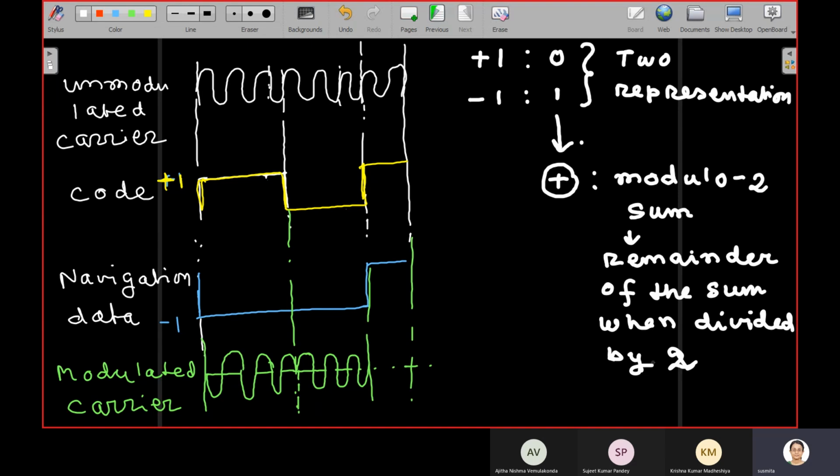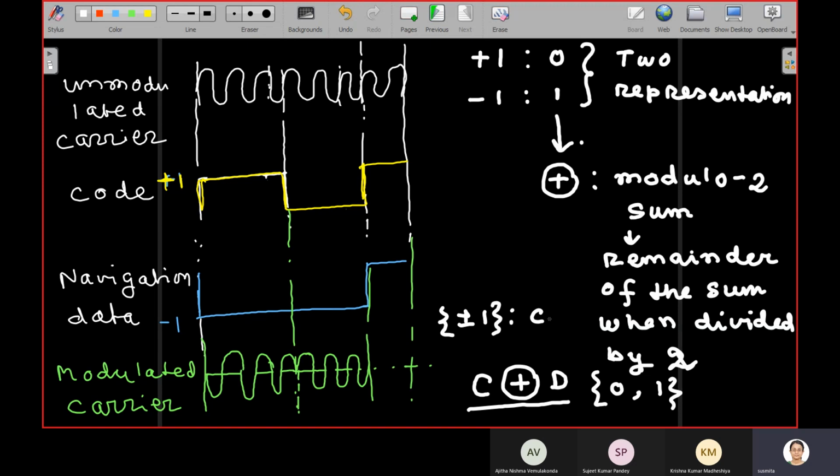Okay. Now let's quickly establish the equivalence between the two. So if we want to do modulo 2 sum of code and data, we will write this. If you are following 0 and 1 representation, then we need to write this. If you are following just plus minus 1, then we just multiply the two. Simple multiplication.